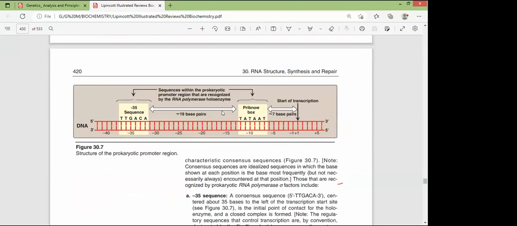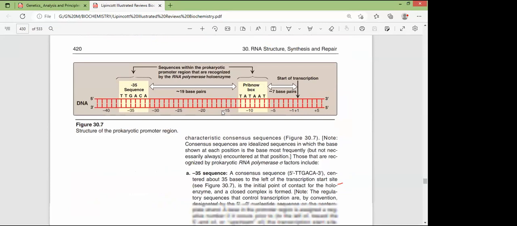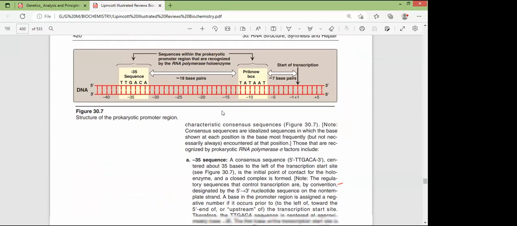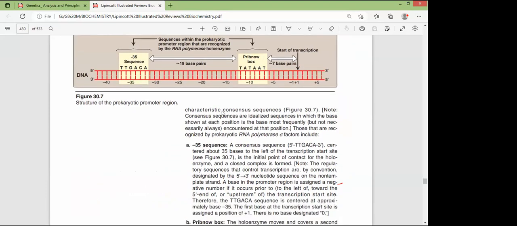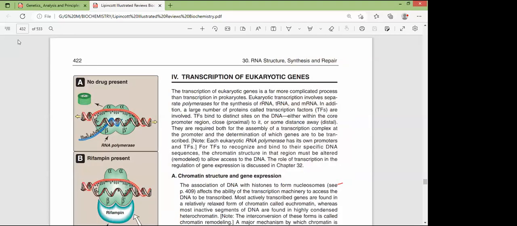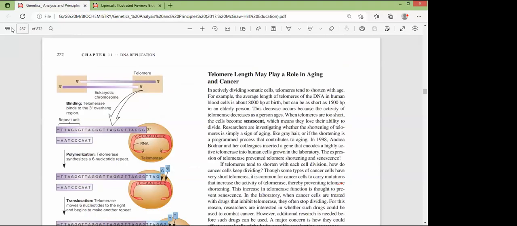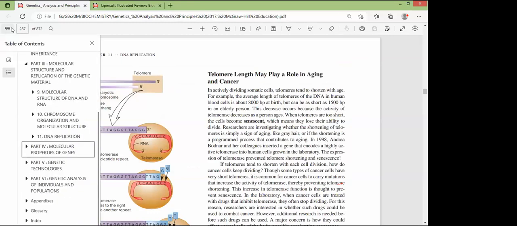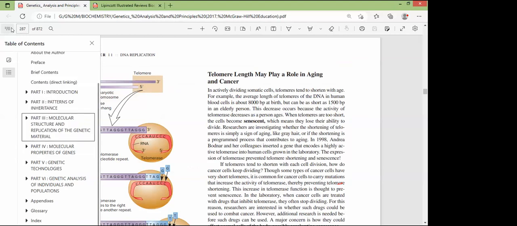Yeah, there's somewhere down here. So okay, while I look for that picture, when it comes to RNA, first of all, we will define one thing.